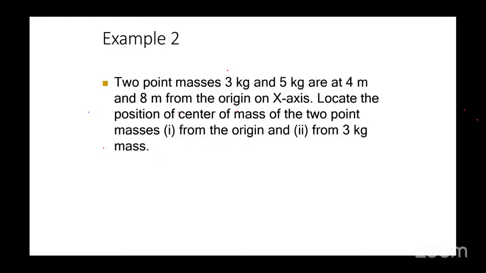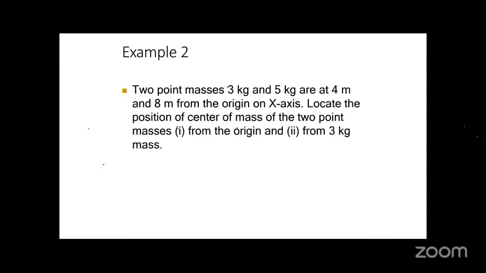So now, here we have just two masses, and we are asked to find the center of mass from the origin, and then when the origin is moved to the 3 kg.